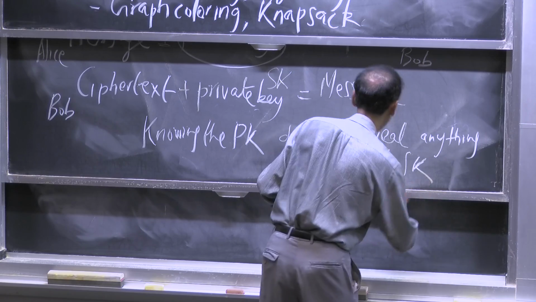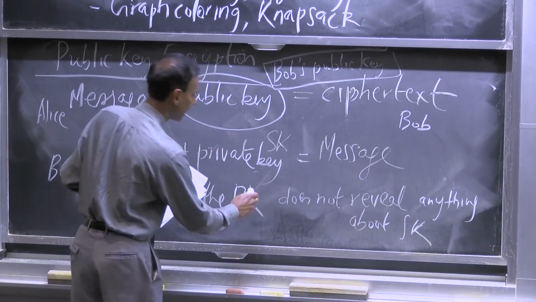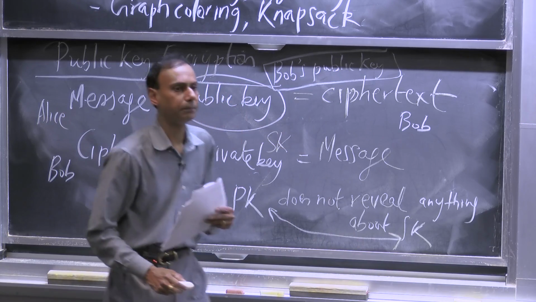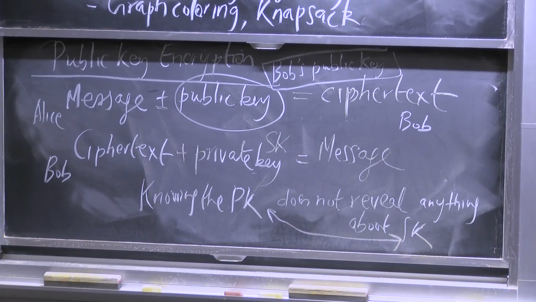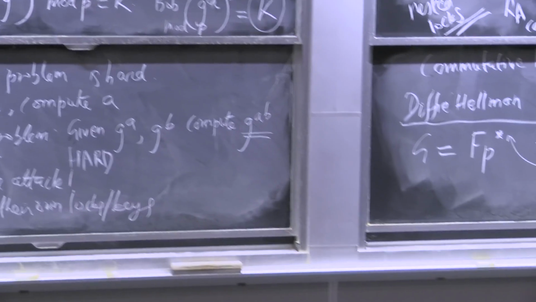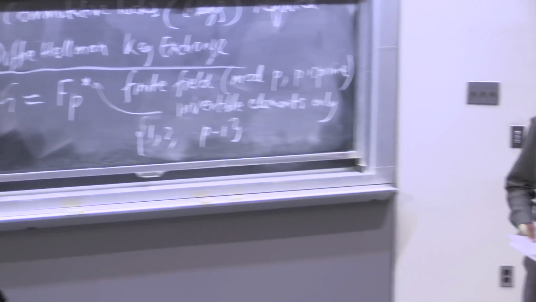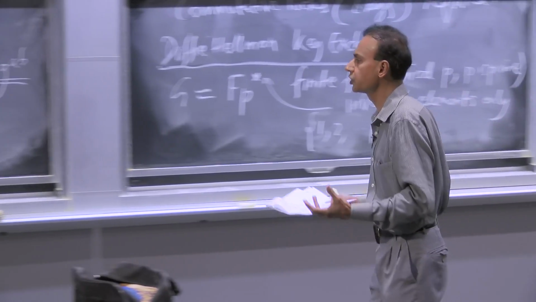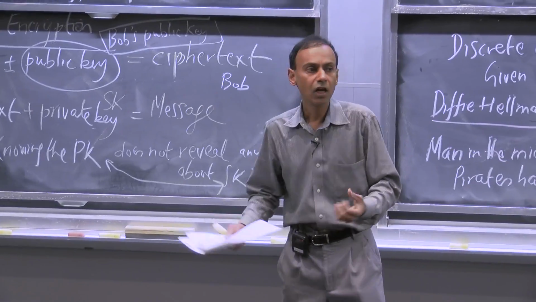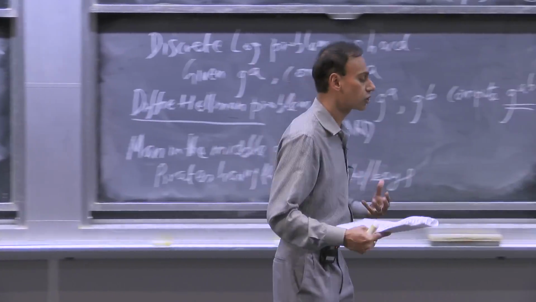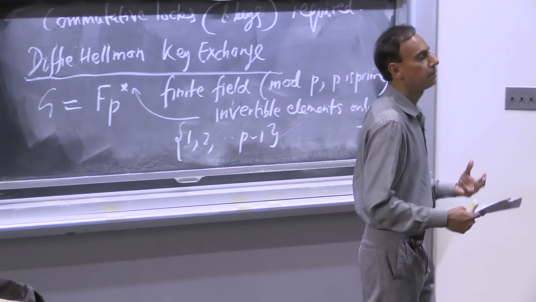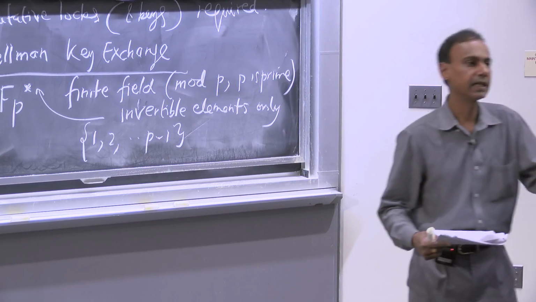But obviously, in order for this whole thing to work, PK and SK have to have some mathematical relationship. The different cryptosystems, including RSA and a Knapsack cryptosystem that we'll look at, all have different algorithms for encryption and decryption, and they have different mathematical relationships between PK and SK. For each of these relationships, you have to show that the adversary has to solve a computationally hard problem in order to discover SK given PK.